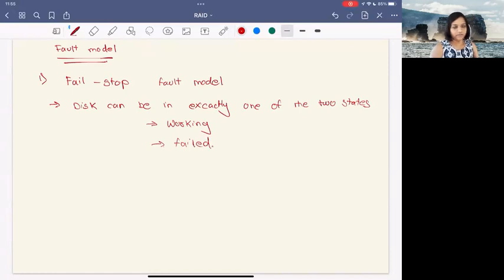So either all the data on the disk is fine, or all the data on the disk cannot be accessed. This is exactly what is called the fail-stop model. On a working disk, all the blocks can be read and written. And a failed disk is a disk on which the data is permanently lost.